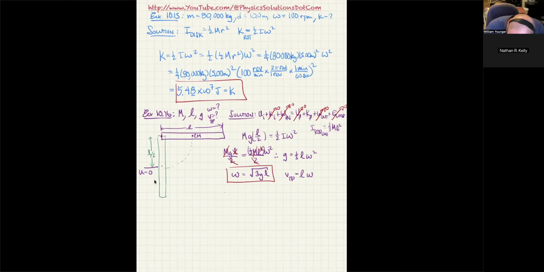Now we can say that v tip is equal to L times the square root of 3gL.